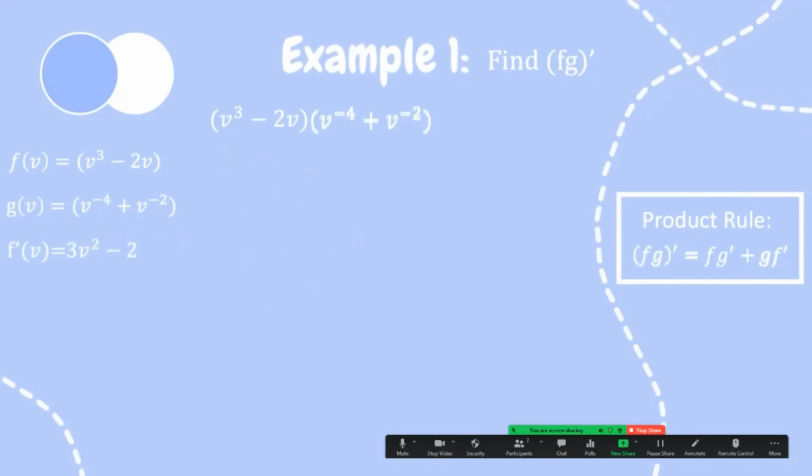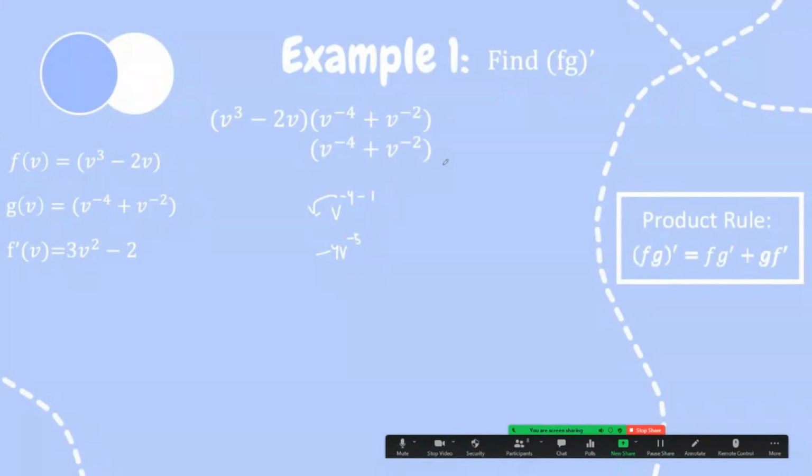Okay, now the derivative of g, so we have the same idea. So take the v to the negative 4, bring that over, and then subtract it by 1. So that's negative 4v to the negative 5.